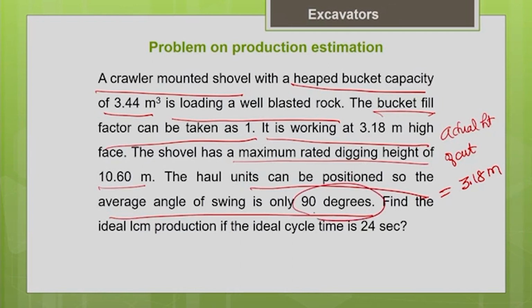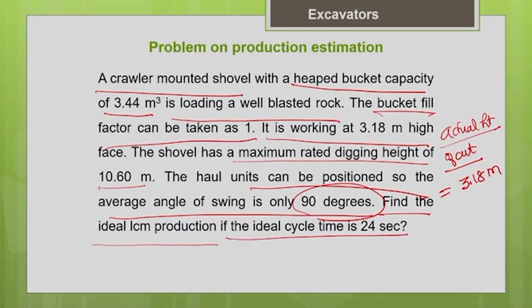Actually 90 degree is the ideal condition. So, for the angle of swing I do not need a correction factor, but for the actual height of cut we have to see whether the correction factor is needed or not. For that we need to estimate the optimum height of cut for the machine. Now, find the ideal loose cubic meter production if the ideal cycle time is 24 seconds.